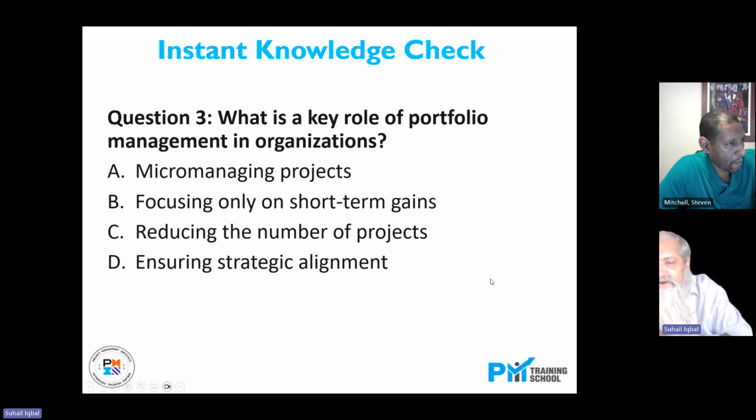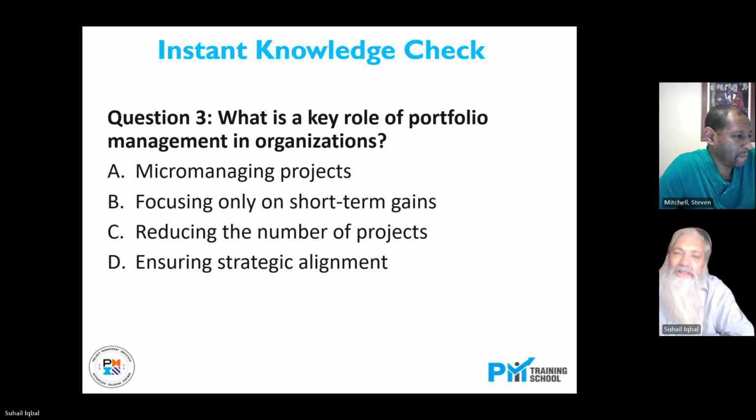Third question. What is the key role of portfolio management in an organization? A. Micromanaging projects. B. Focusing only on short-term gains. C. Reducing the number of projects. D. Ensuring strategic alignment. Say D, the strategic alignment. Okay, you are right.